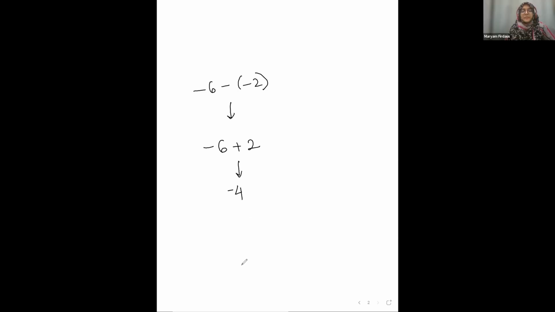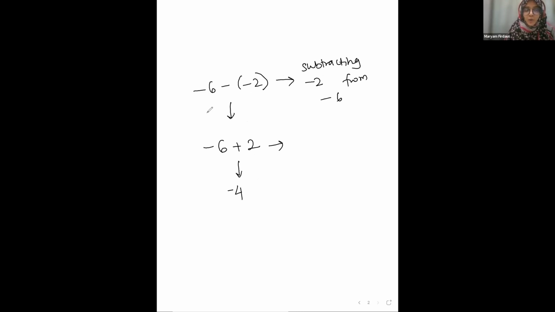So you understand how to do this? Yes. Over here, these are two different things, Hiba. Over here, I am subtracting minus 2 from minus 6.